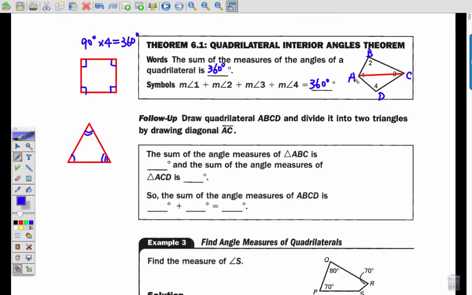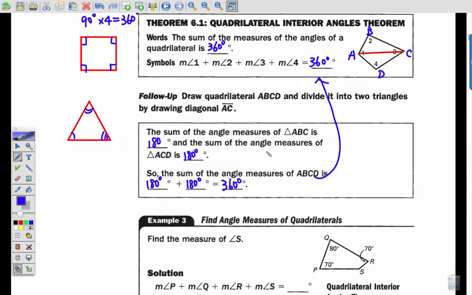Now you can see by connecting the two vertices, I created a diagonal, right? Also notice that I have two triangles. So we know the sum of the angle measures of ABC, the top triangle, is 180. And the sum of the angle measures of ACD is also 180. That we learned a while ago. So therefore, if we add all the interior angles together of both triangles, I also get 360, which just proved my theorem right here on top.